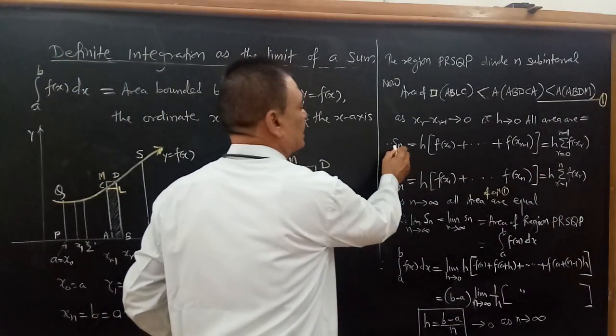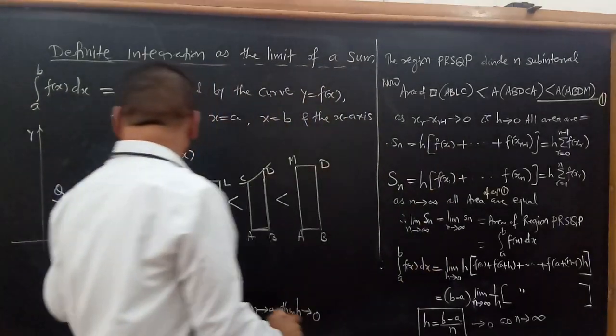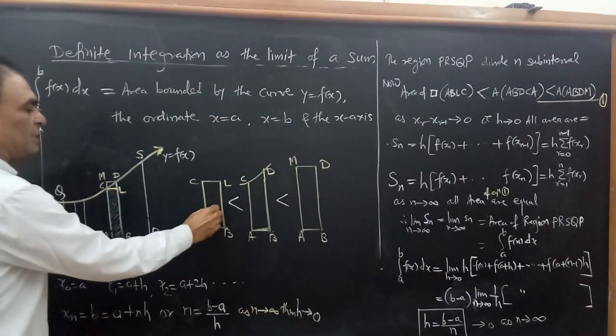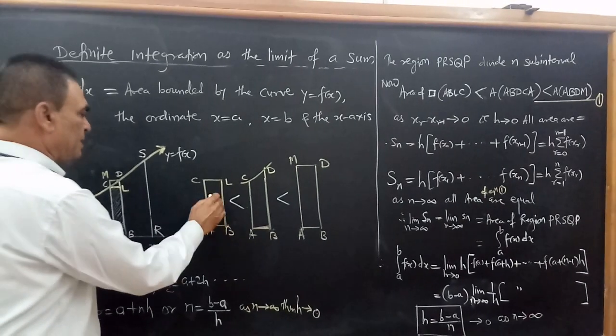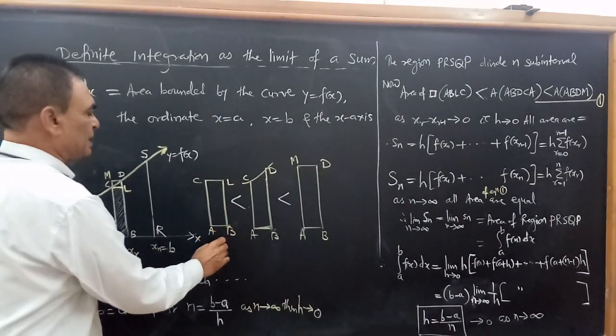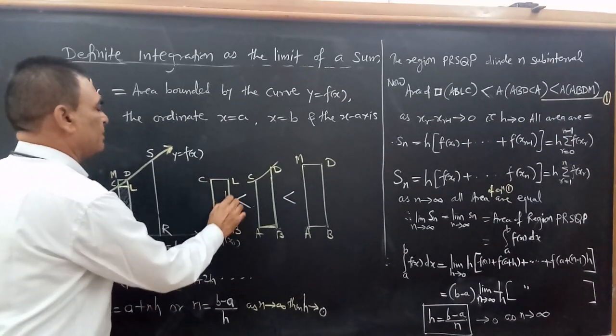Therefore, small sn is h times... What is the area of this rectangle? Area is length into breadth. Length means h and breadth means f of x naught. Similarly, there is length and breadth here also, but as there are a number of strips, I have taken h common.